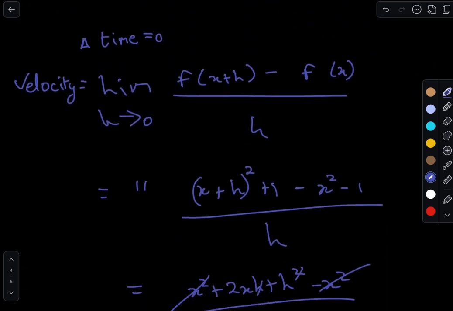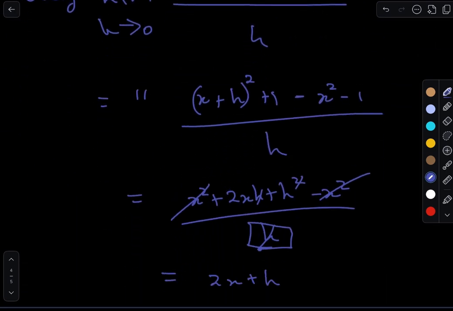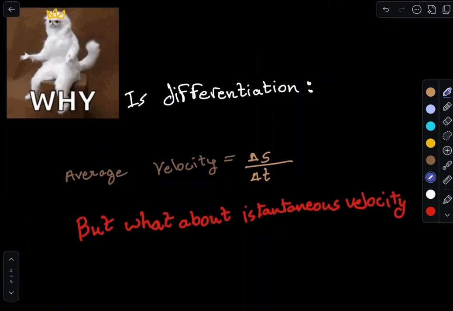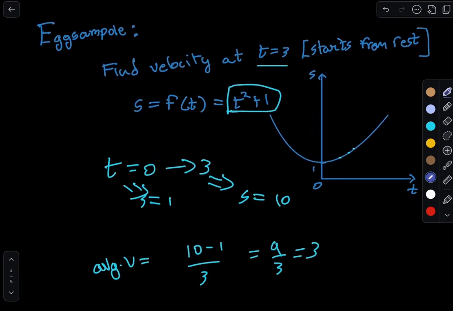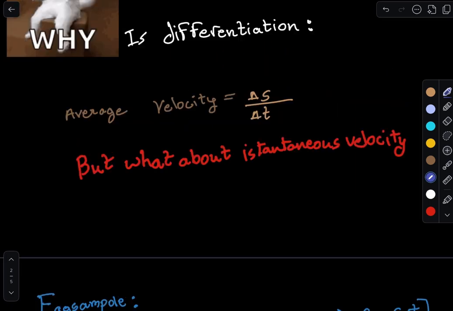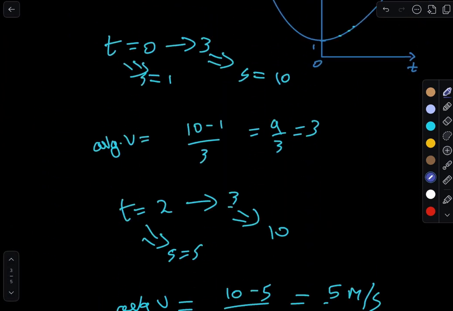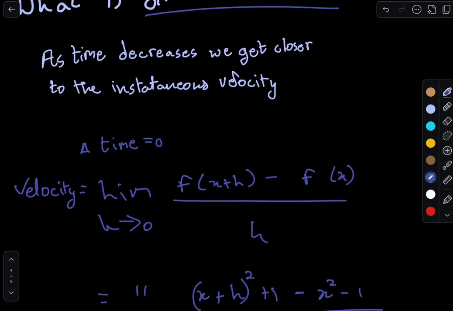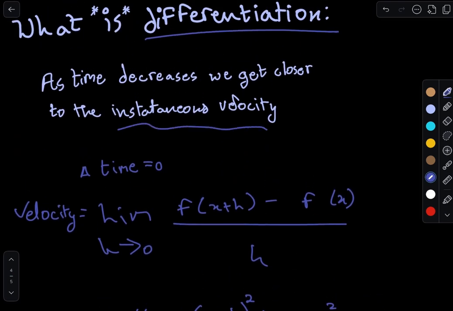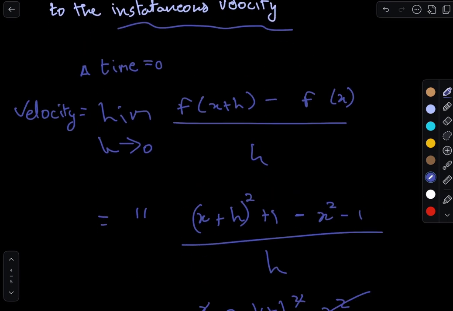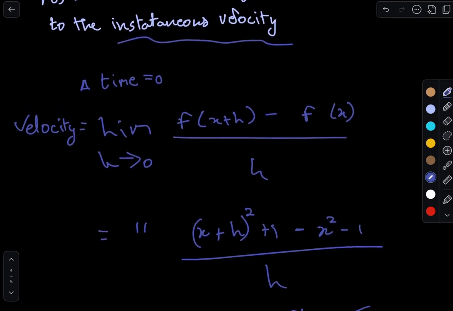So did you understand what we did here? I'll just go over it once. We used the average velocity formula to get closer and closer to the instantaneous value. And then we came across differentiation, which is the same thing.